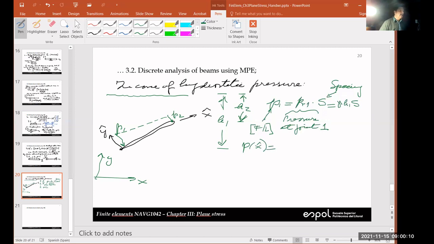So we could have a linear interpolation, and we can say that this is equal to the force per unit length at joint 1 plus the slope.